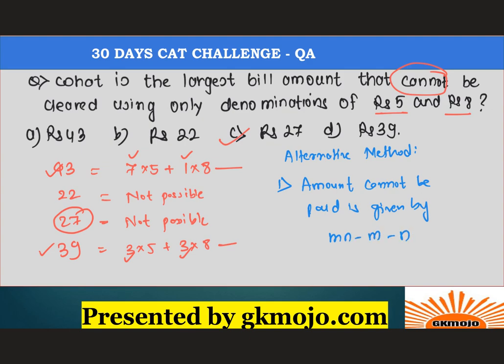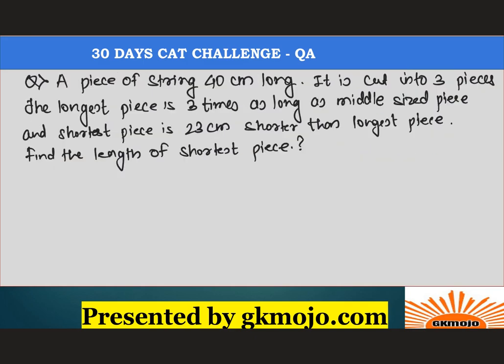So let's suppose in this case 5 into 8 minus 5 minus 8, so this is 40 and this is minus 13, it's 27. All right, so keep this formula in mind, this is very important. All right, this is applicable for this scenario.